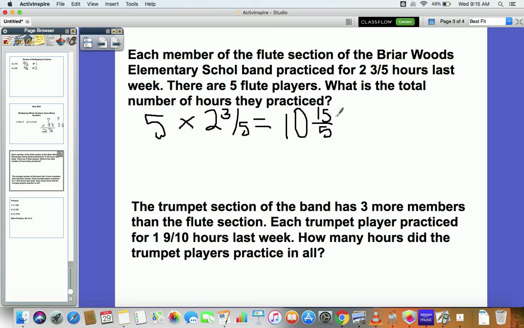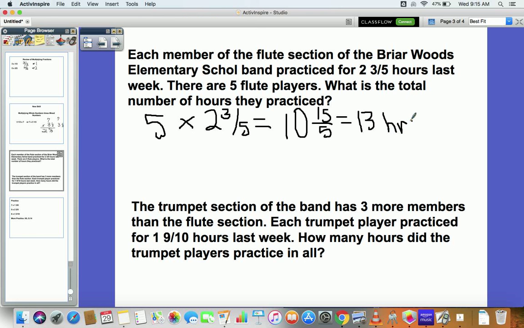So you can change this into wholes because we know we have more than 1 whole. So 5/5 would be 1 whole. 10/5 would be 2 wholes. 15/5 would actually be 3 more wholes. So this part is equal to 3 wholes by itself. So we have 10 wholes and 3 more wholes. So that is actually equal to 13 hours that they practiced during that week.